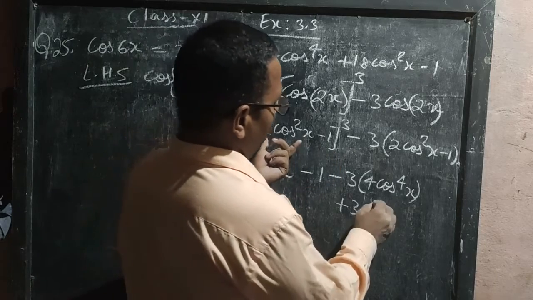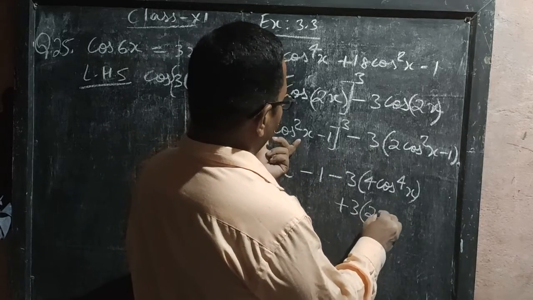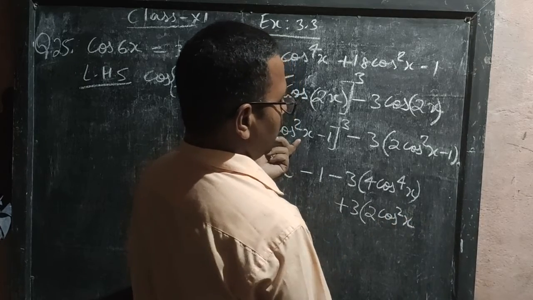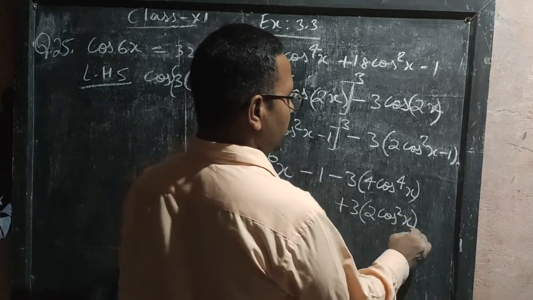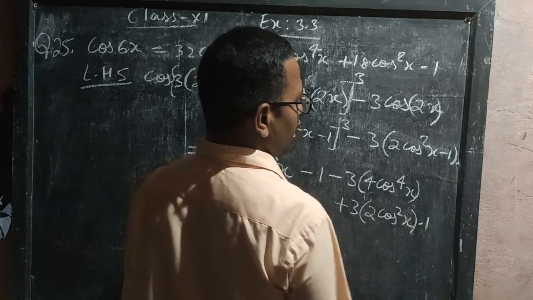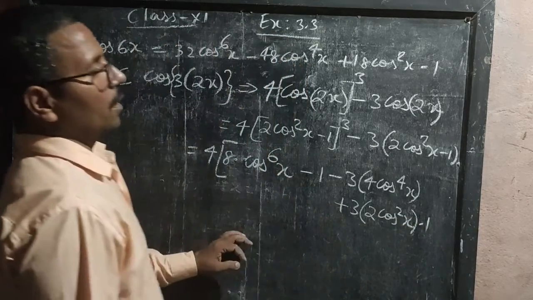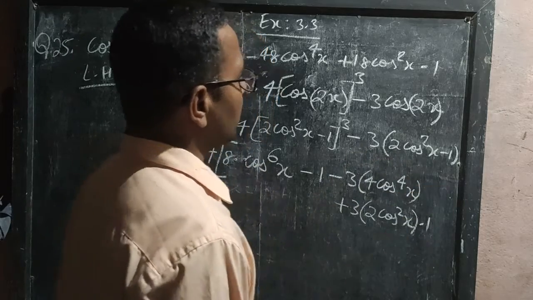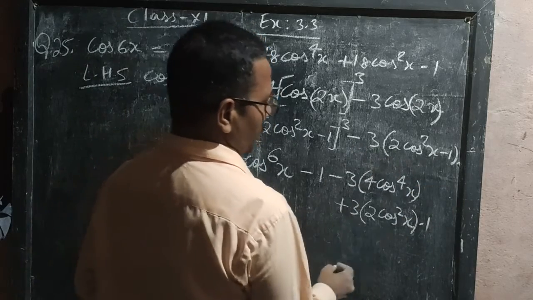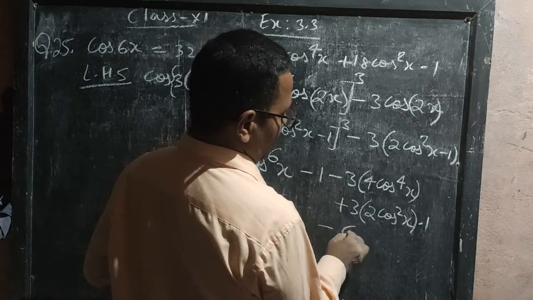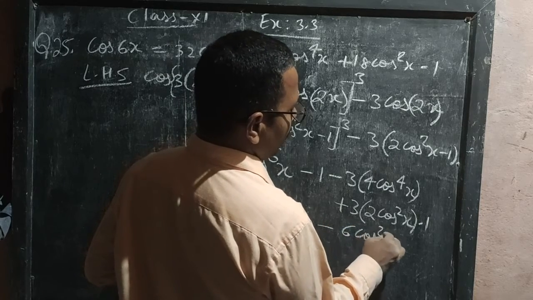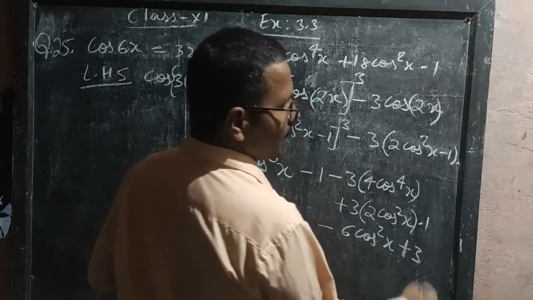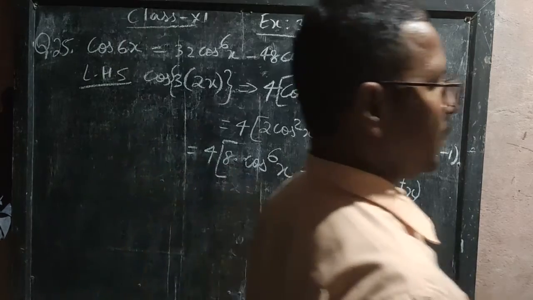So 3 times a, which is 2 cos square x, into b square, that is 1. Just multiply these portions. So 3 times 2 is 6, so minus 6 cos square x, and minus into minus gives plus 3. So we have got this much.